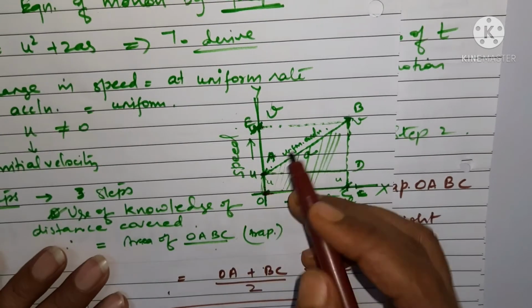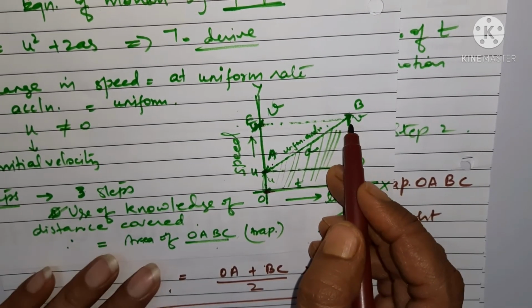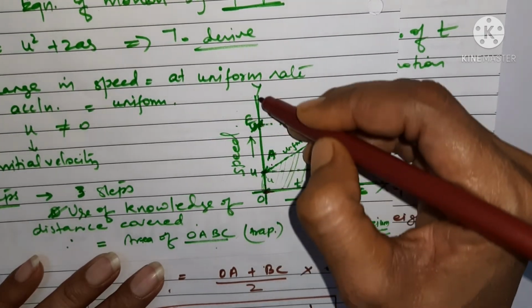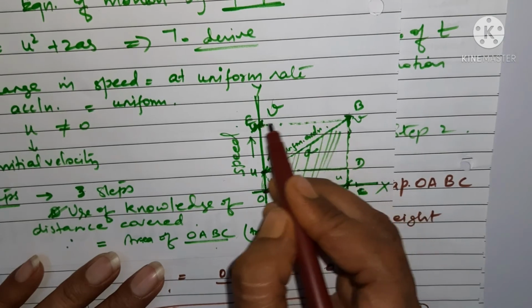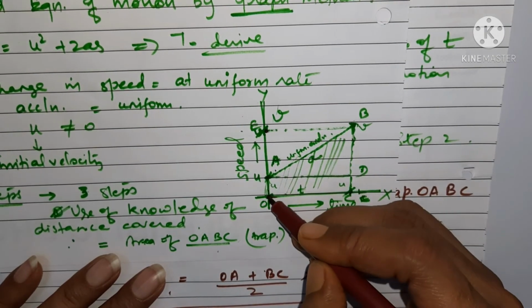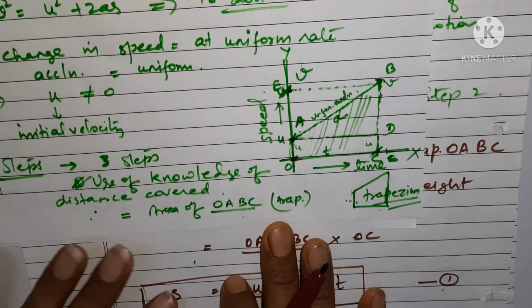After some time the body reaches position b, and there the final velocity of the body is v. Since speed is given on this line, we are going to measure the final velocity. So u was the initial velocity and v was the final velocity which we have considered here.